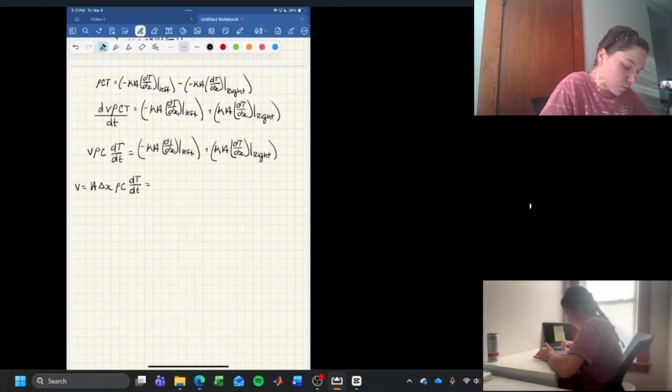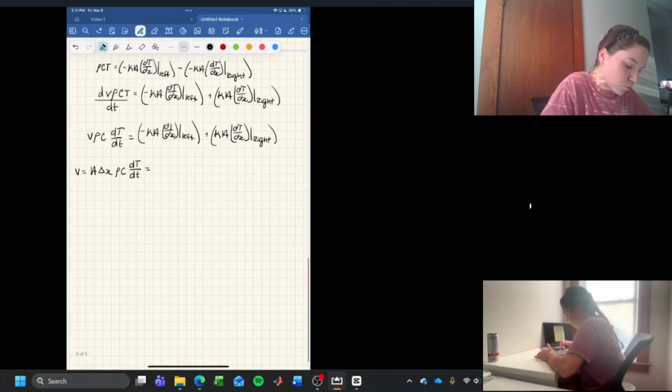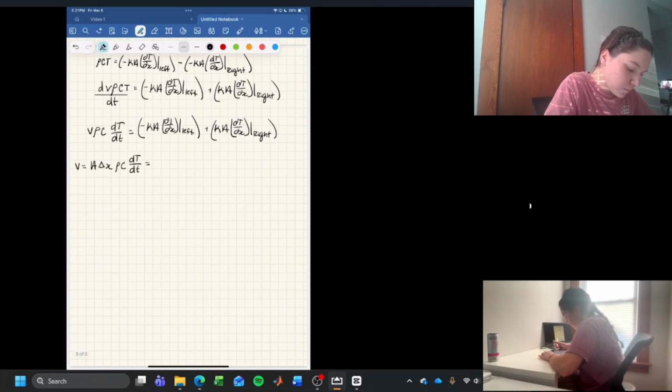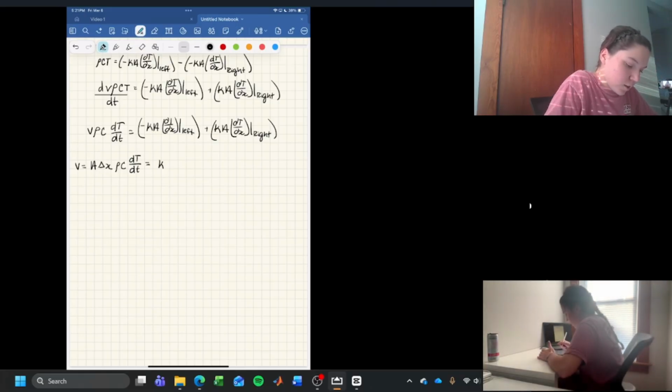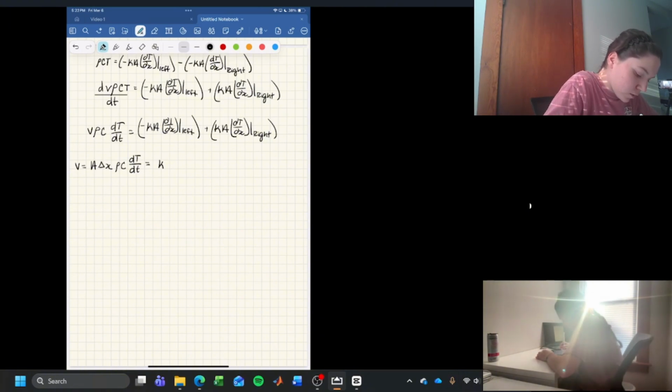And now this section over here, we can rewrite this as well. So this K value is going to be the same throughout the entire rod because it's the same material. So we have K factored out, and the same thing with the cross-sectional area from the right and the left, it's the same as well.